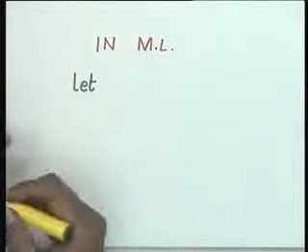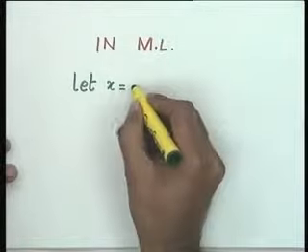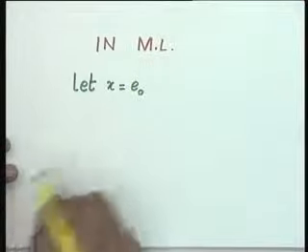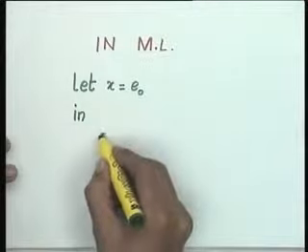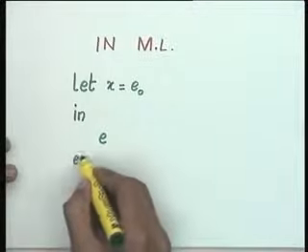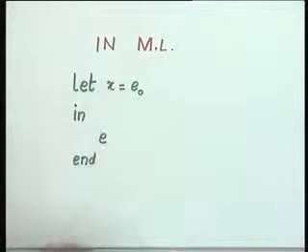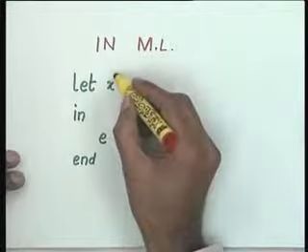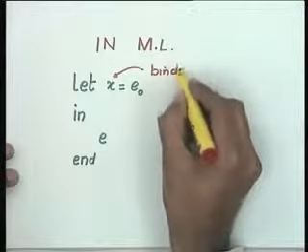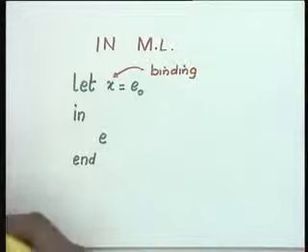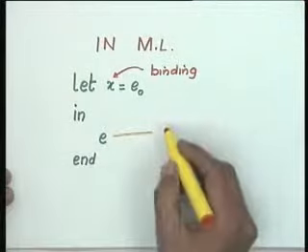So let some name x equal some expression e0 in some other expression e end, where I'll assume that this expression e actually uses this x. So this is a binding occurrence of x, and any occurrences of this x inside e would all be applied occurrences.